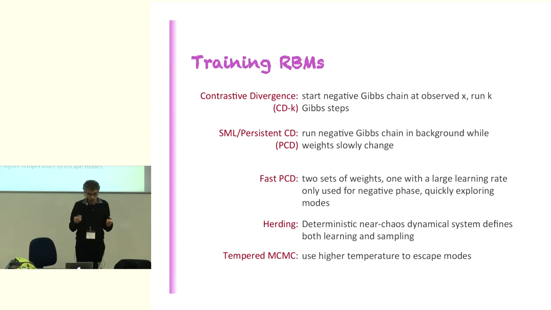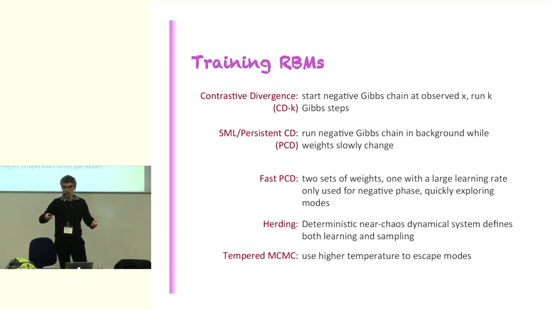So each time we have a new example, we push the energy down for that example. We take the next sample from the chain running in the background that gives us an x minus, and we push up on this one. That's it. It's a very simple algorithm.